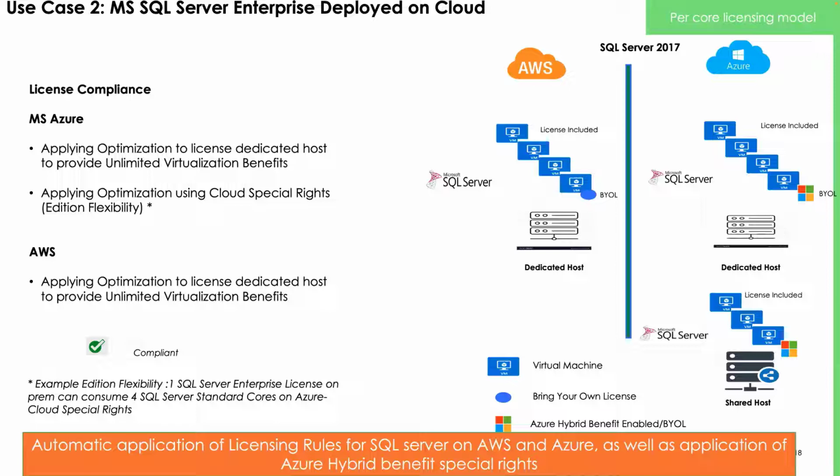And it's very difficult for organizations to combine both of them and determine what is the single license compliance position across my entire hybrid infrastructure. And what ServiceNow SAM does incredibly well is that it combines both of them. It combines the different licensing rules on-prem and cloud, and gives you that one license compliance position across your entire hybrid infrastructure. So that being said, let's move to the product.